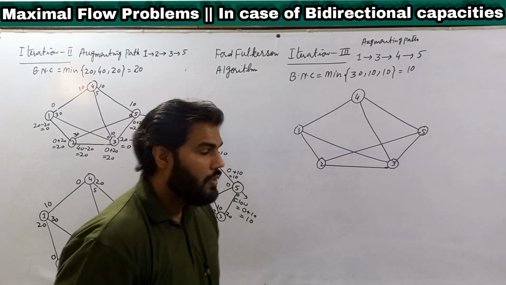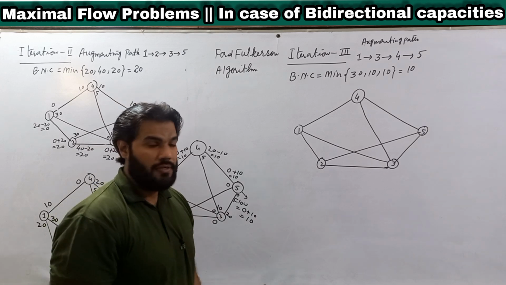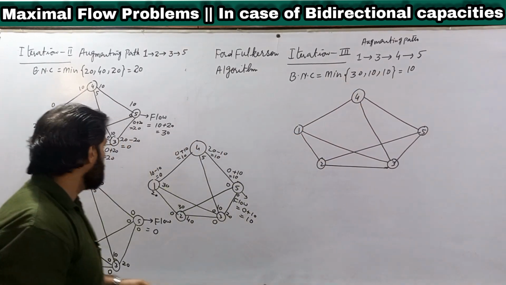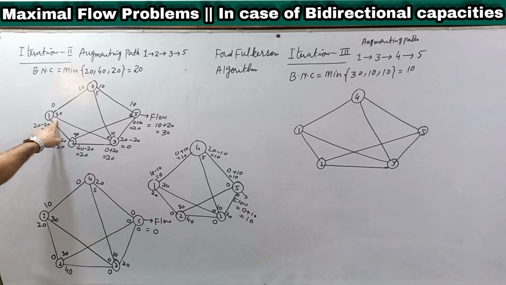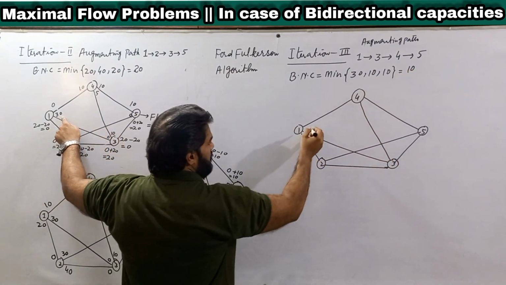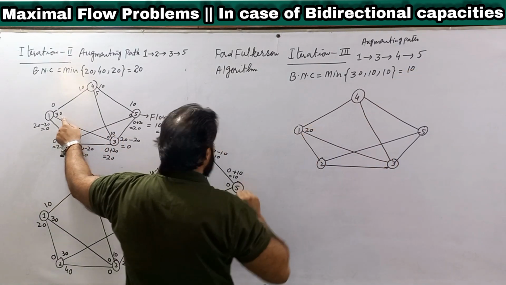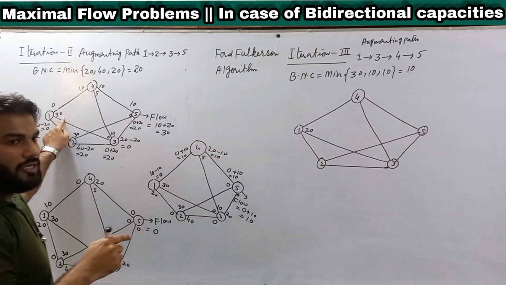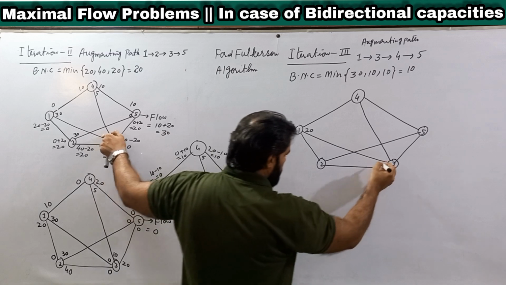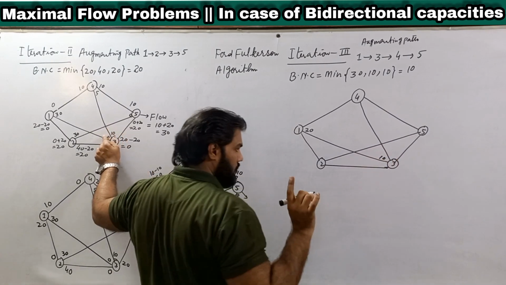Firstly consider the first edge, which is between node 1 and node 3. At node 1, the capacity is 30 units. So we subtract 10 from this number: 30 minus 10 is equal to 20. And add that bottleneck capacity, 10 units, to this number 0: 0 plus 10 gives 10 units.